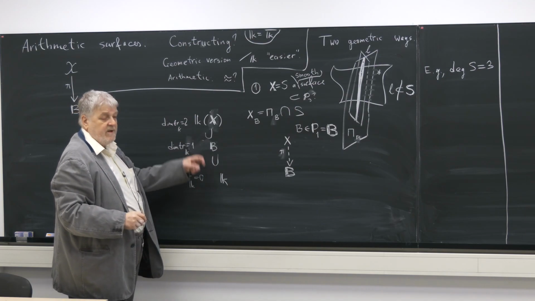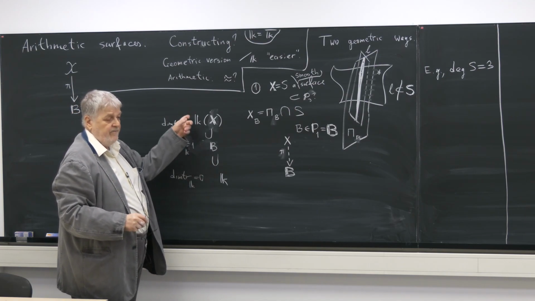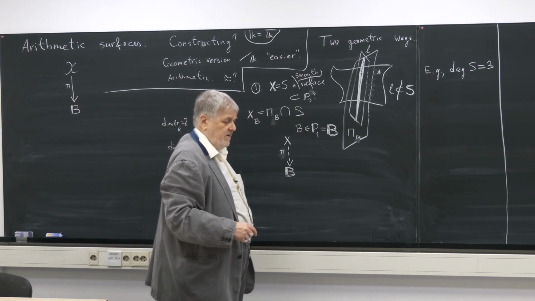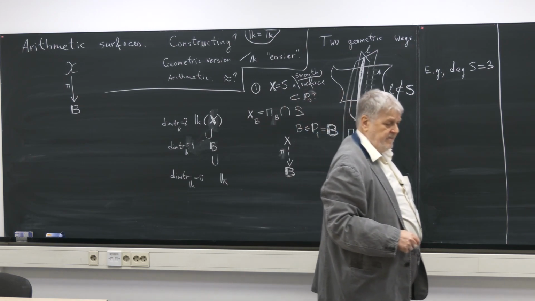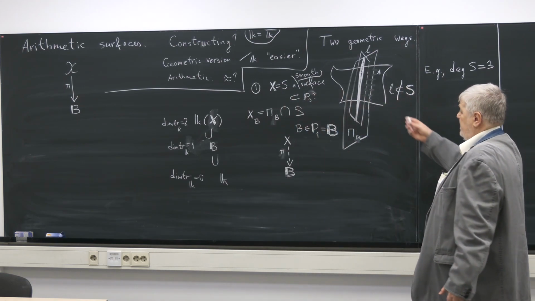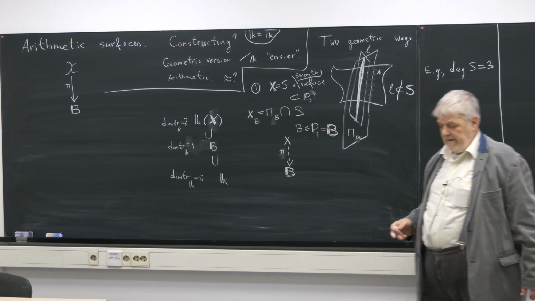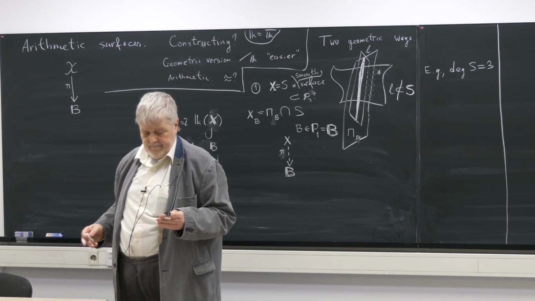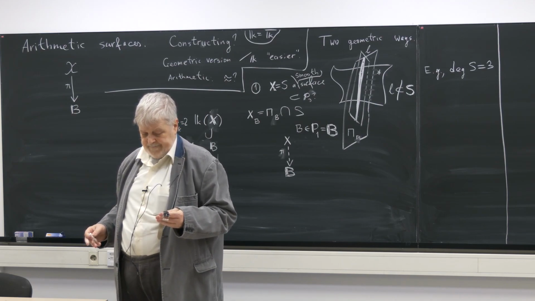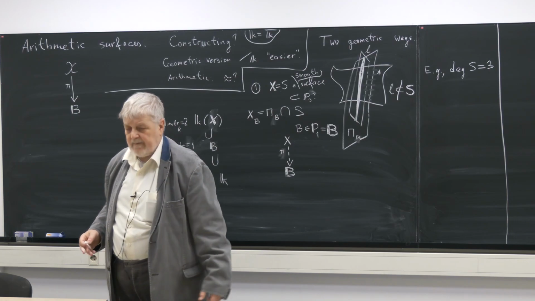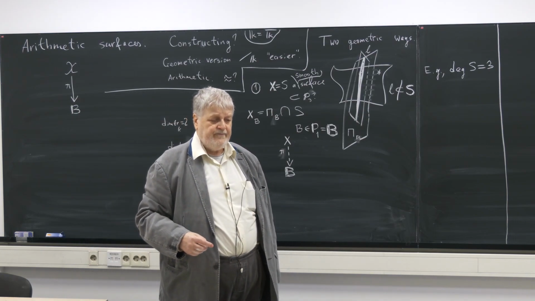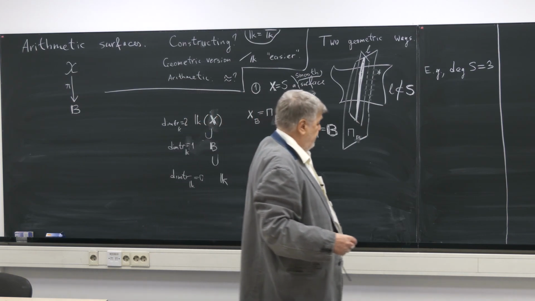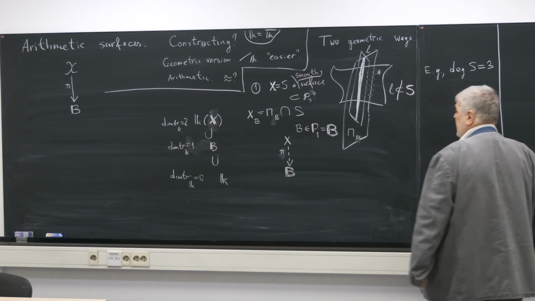So, algebraically, it means the choice of the intermediate field in the extension of fields of transcendence degree 2. Geometrically, it means what we have drawn here. More questions about it? Good. Then we turn to the second way.